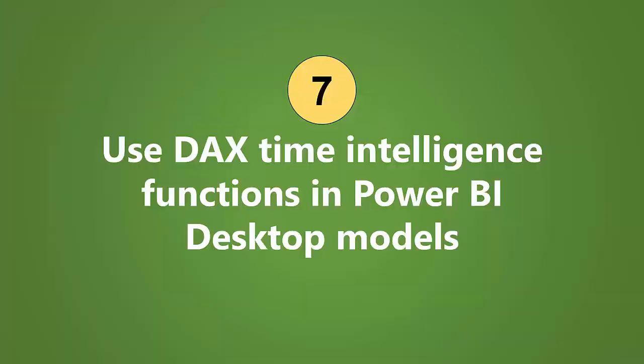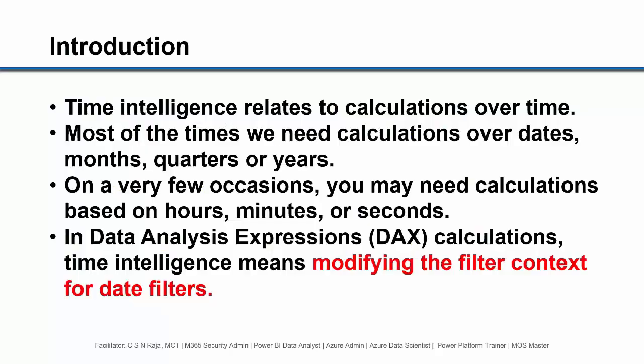Okay, in this module, we are going to discuss DAX time intelligence functions that can be used in Power BI desktop models. Time intelligence relates to calculations over time. Most of the times, we need calculations over dates, months, quarters, or years. On a very few occasions, you may need calculations based on hours, minutes, or seconds.